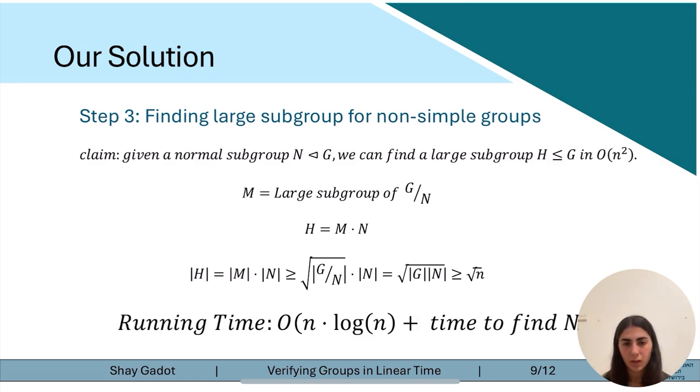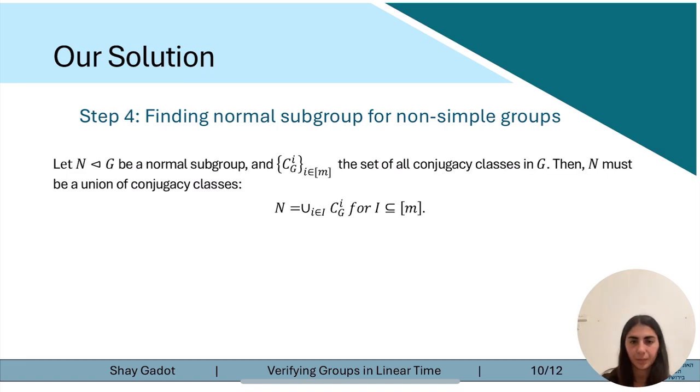Okay, so the running time here is n log n, similar to the last algorithm, plus the time to find N, the normal subgroup. So I'm going to touch now on how we find the normal subgroup N.